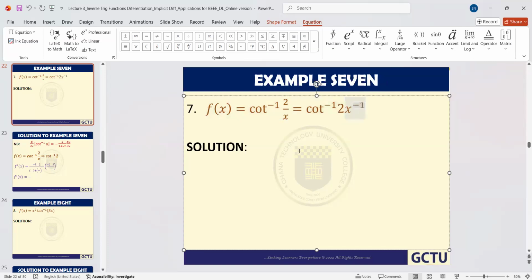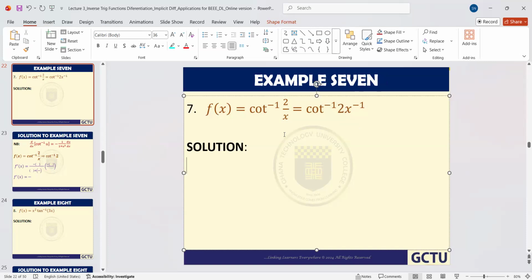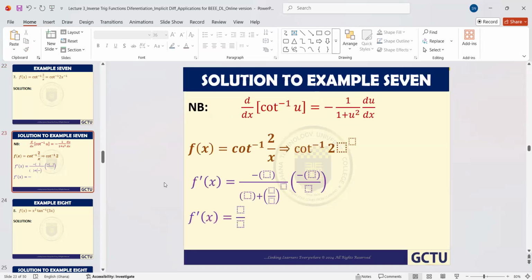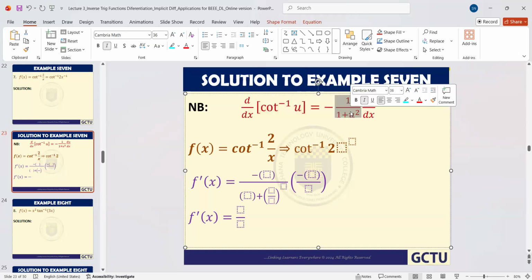I don't know whether you can see that, but whatever it is, we need to quote the cot inverse function. Now, to find the cot inverse of a function, it is -1 divided by 1 plus u squared. There's no square root in this. So you see, I have even created this. This will be x raised to the power minus 1.